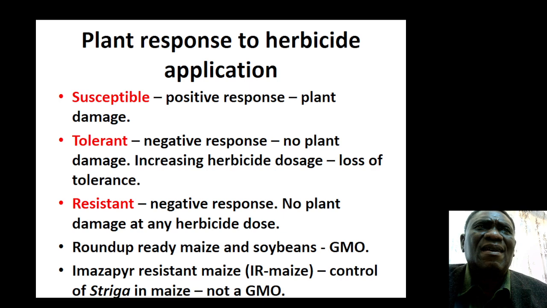We do have maize with natural resistance to some herbicides like Imazapa, and we are exploiting this situation to control striga in maize. For example, at Simit, they have some maize lines with Imazapa resistance, and we can achieve selectivity by using Imazapa in maize to kill striga, which is quite difficult to control.